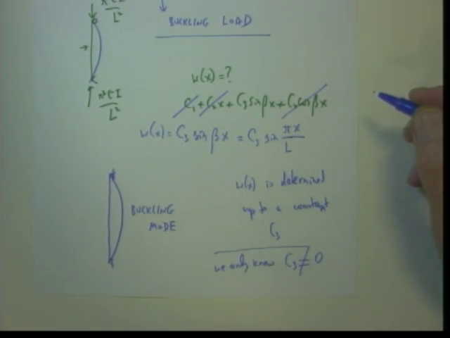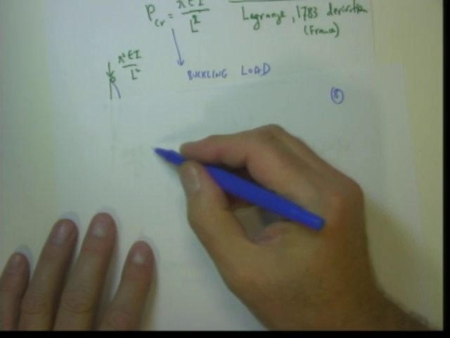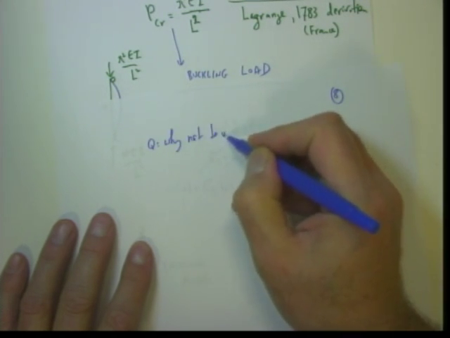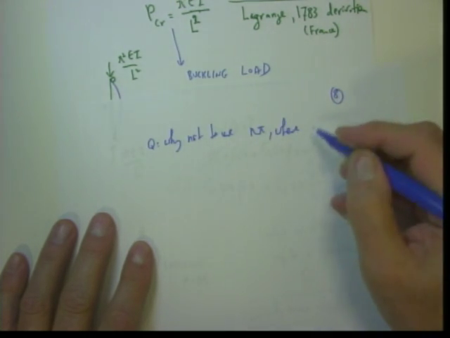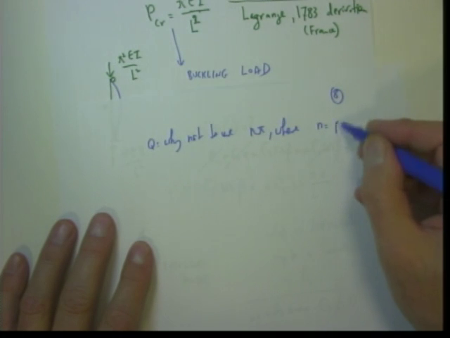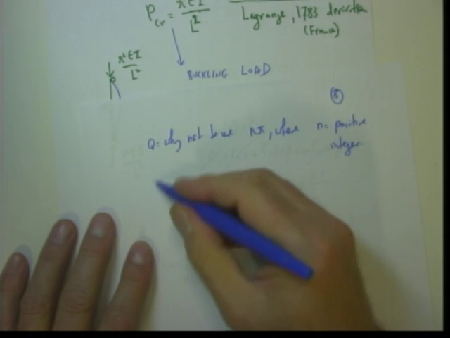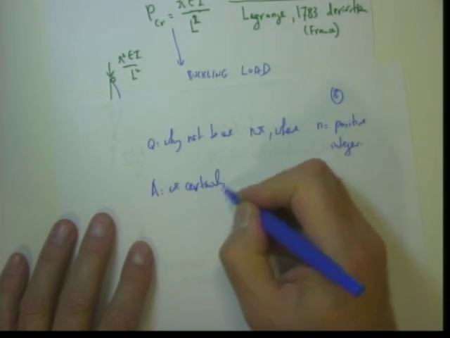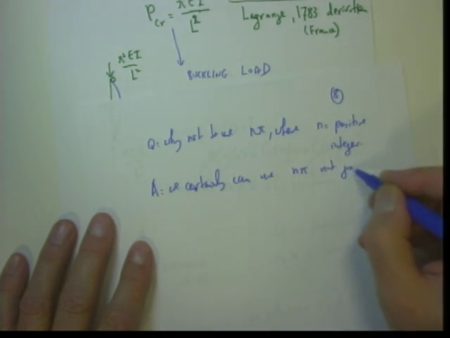Okay, so there was a question. The question was posed, why not use n pi, where n is a positive integer? Answer, we certainly can use n pi, not just pi.